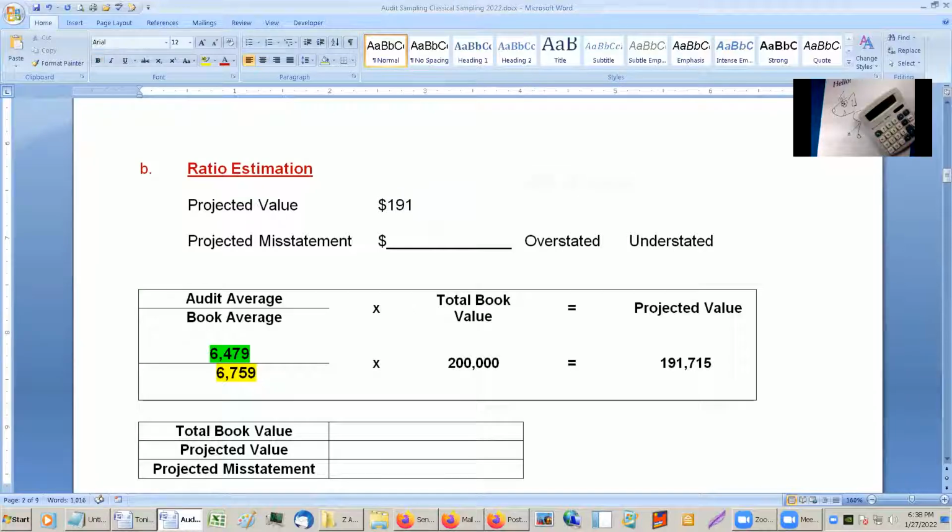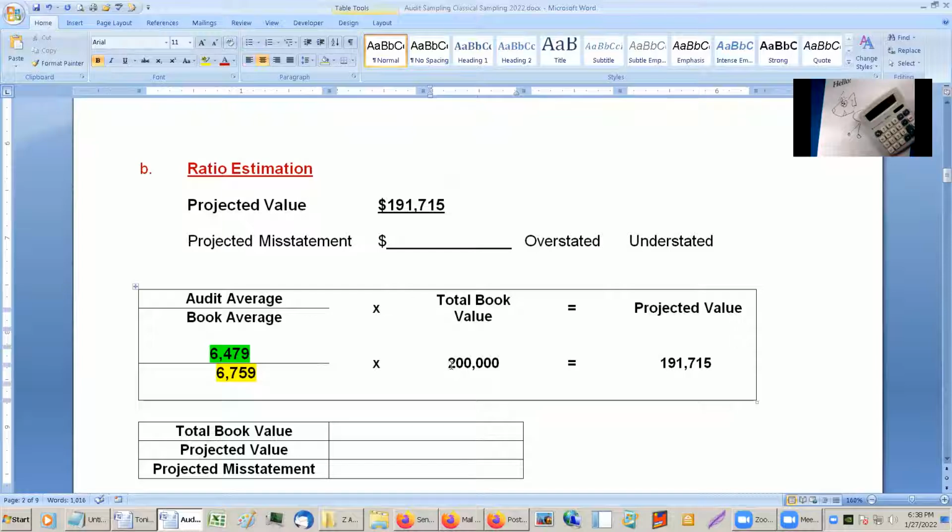So again, this one is saying, look, everything is off by a ratio, whether it's a $50 item or a $50,000 item, they're going to be off by the same ratio.